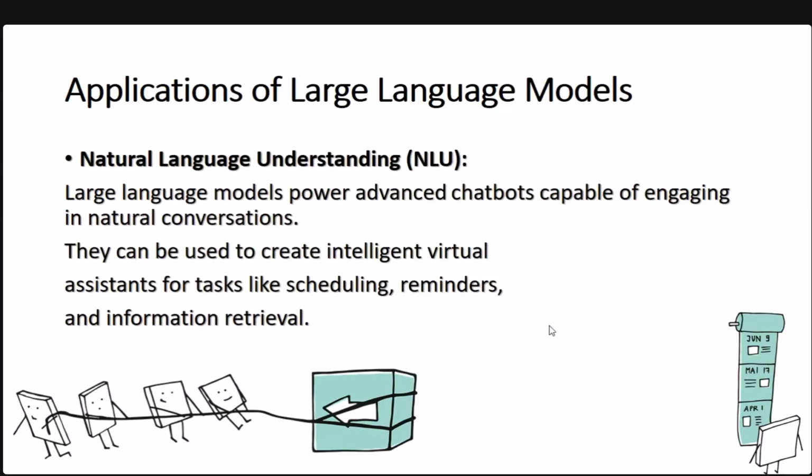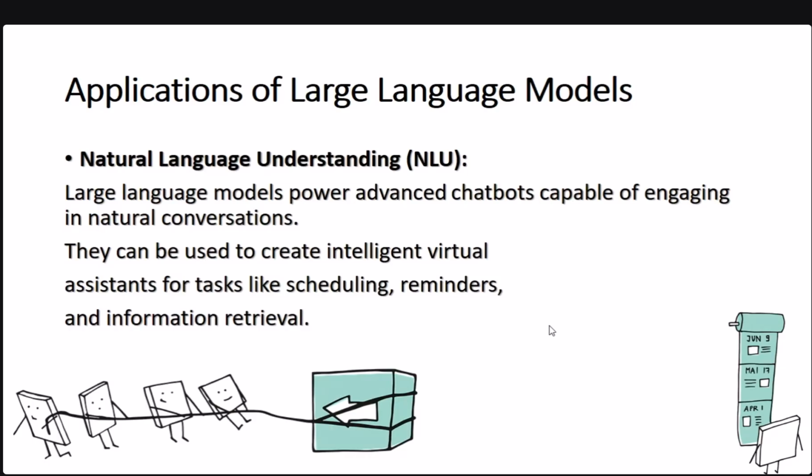When we say natural language, it means human language. We talk in English to it, and it understands not only the language, not only the words, but also the context of it, which is very important.